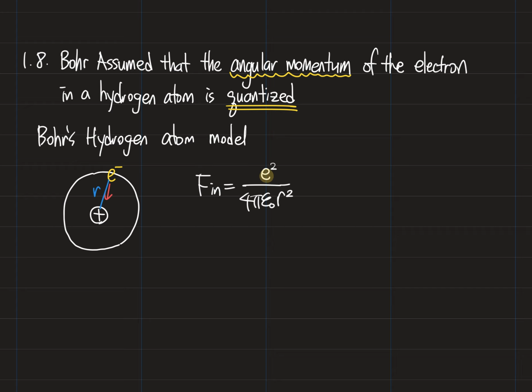And absolutely there is a force exerting outward, this way, because this is a rotating object. This outward force is given as the mass of the electron multiplied by the velocity squared over the radius r.